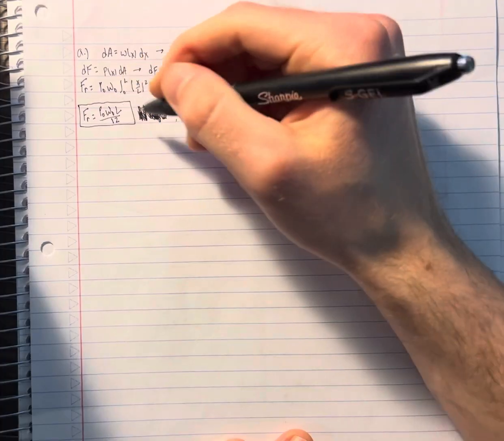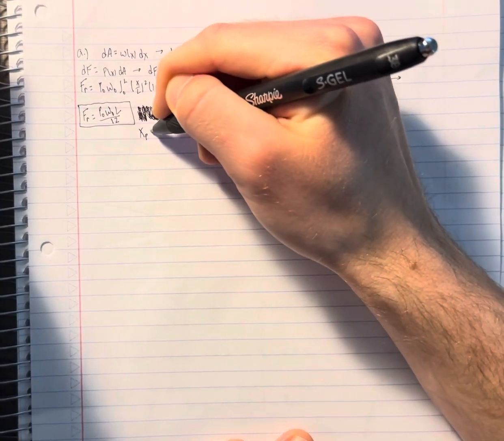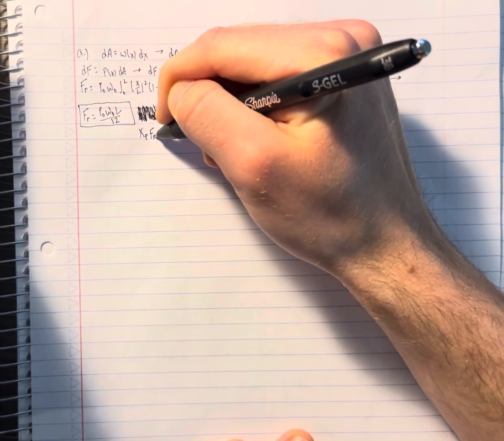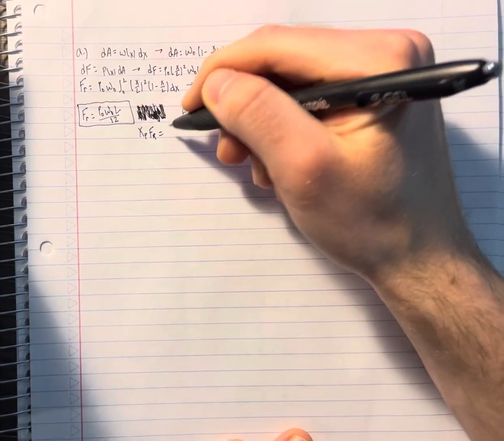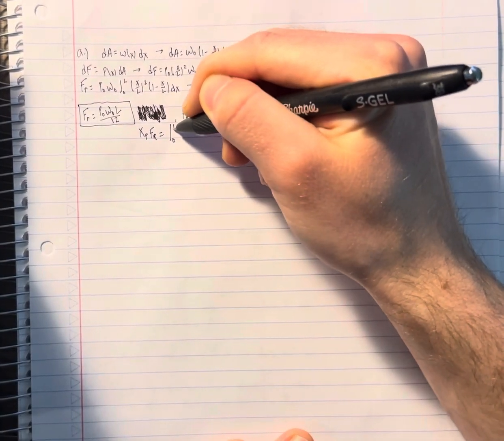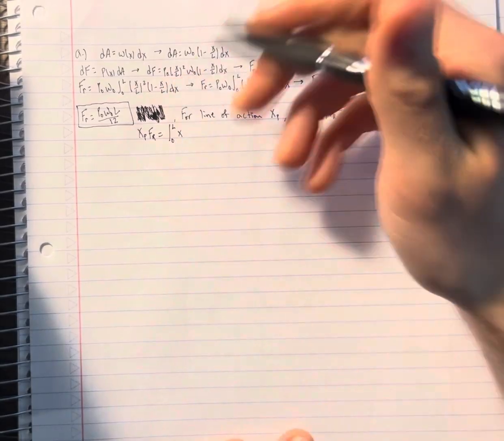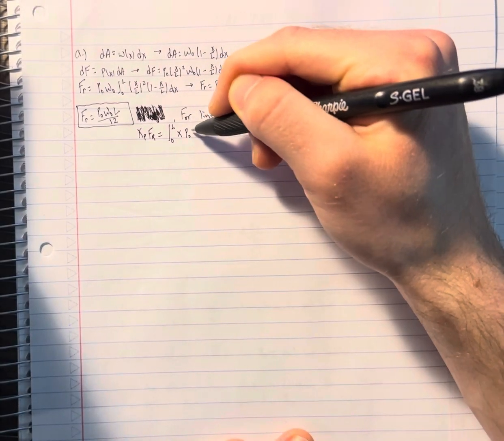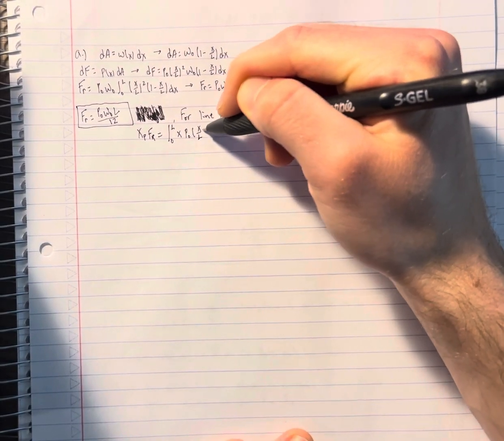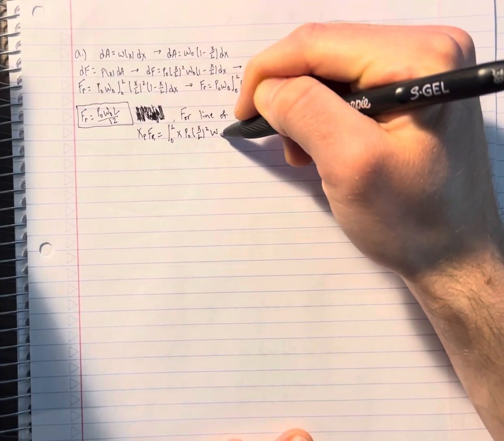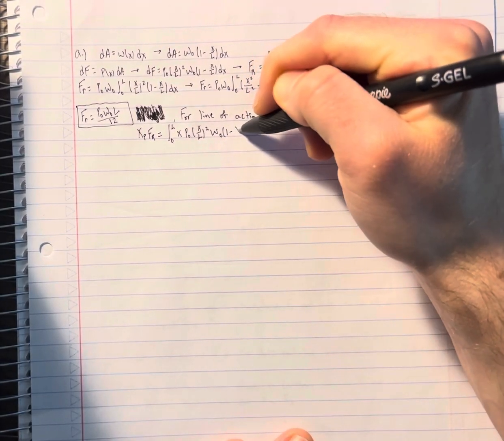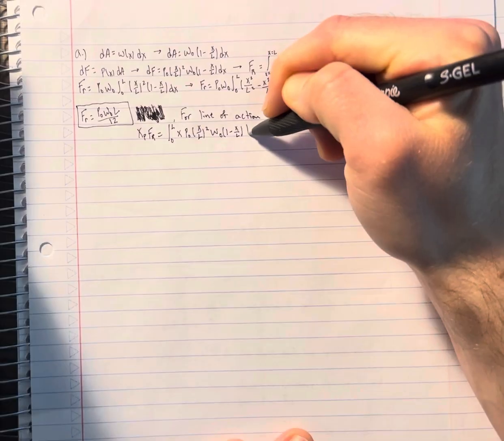So we'll have XP FR equals the integral from 0 to L of x times what's df? It's this whole thing up here, P0, all times df.